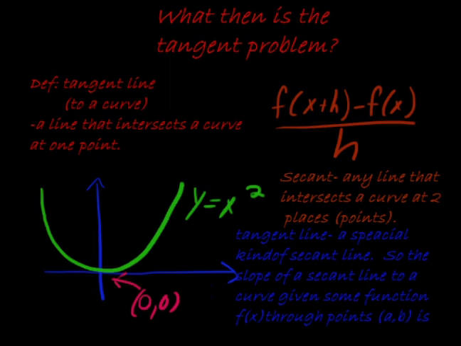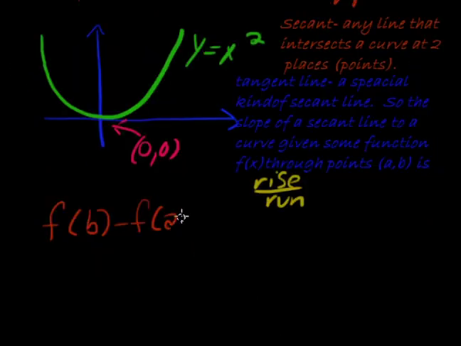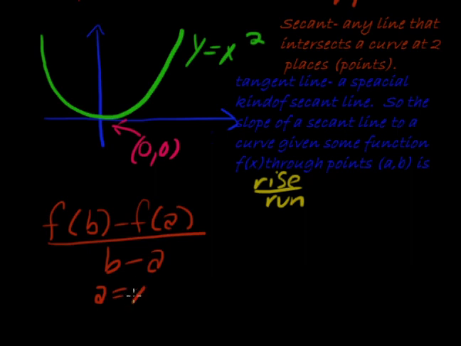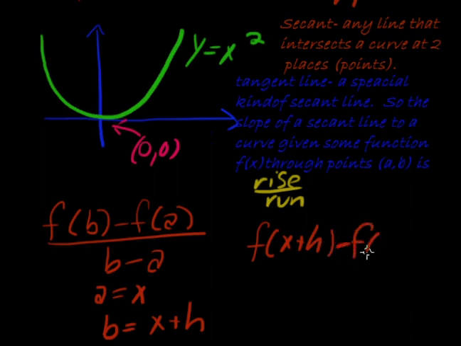So the slope of a secant line to a curve, given some function f of x through points a, b, is rise over run. So we can say that f of b minus f of a all over b minus a. So if we let a equal x and b equal x plus h, then we get the formula f of x plus h minus f of x all over h, right?